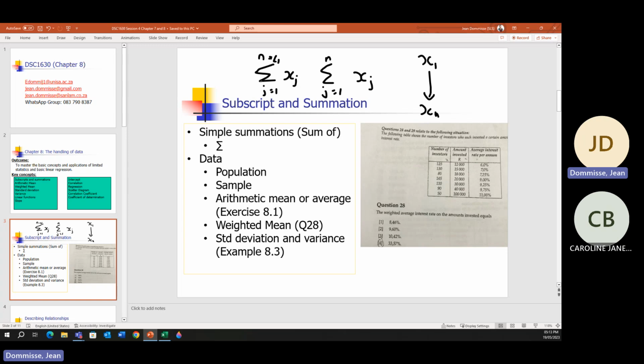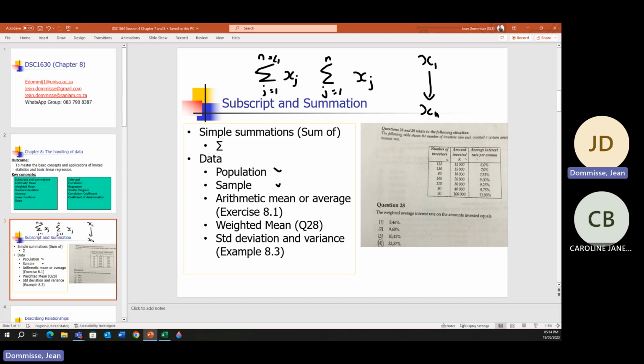So again, I don't think they will go into much of that detail nearly. I think they would ask more something on population and sample, or what's the difference between the two. Population is just looking at the bigger group, whereas the sample is taking a portion of that bigger group.